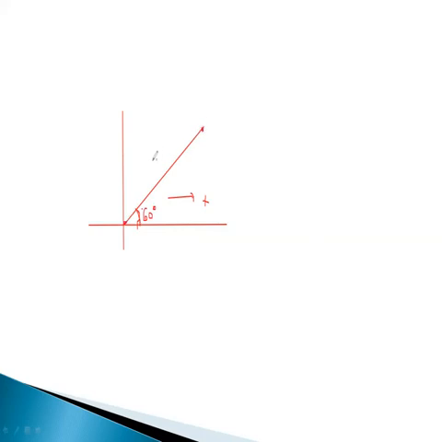I think it was moved 2 meters. And finally, you have to calculate the electric field intensity. Of course, work was also given, the energy was given. Okay.